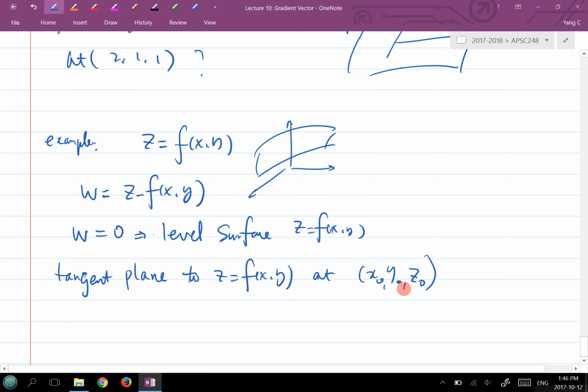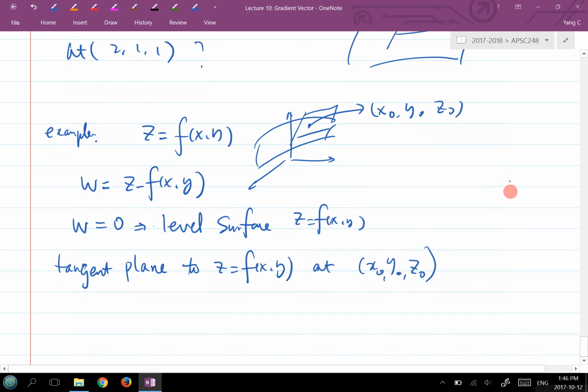It's a little bit of a generalized type of question. So at this location, x naught, y naught, z naught, what will be the tangent plane?